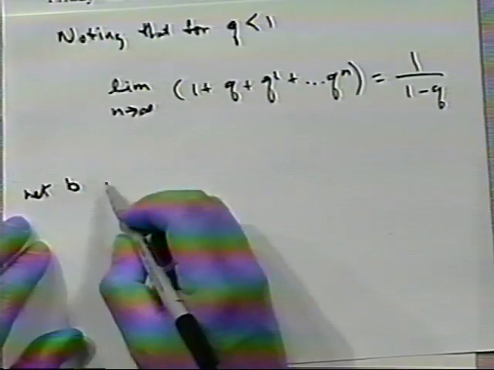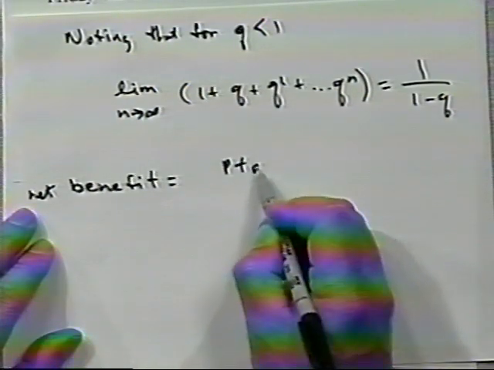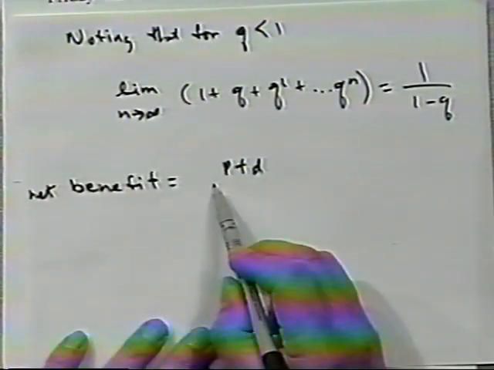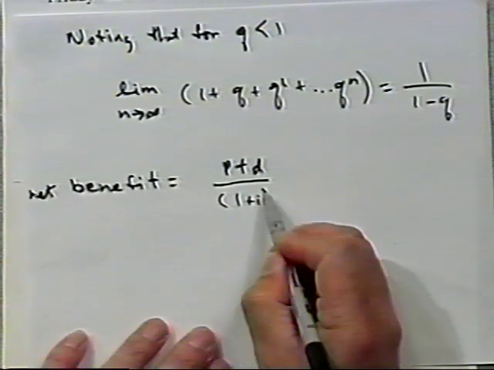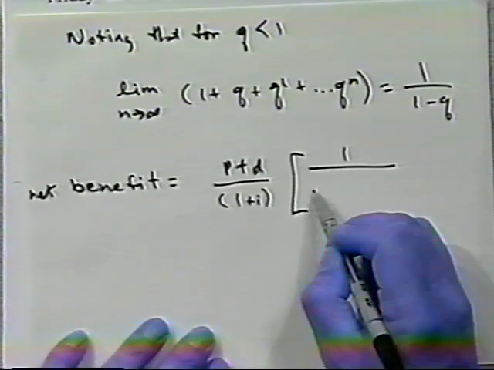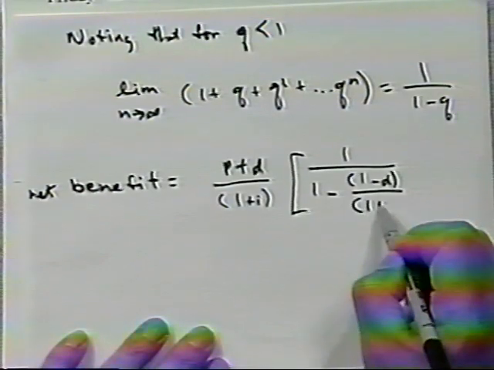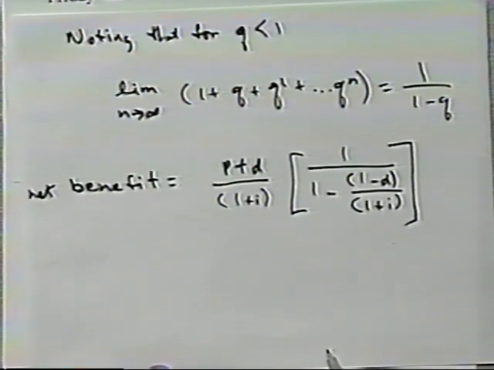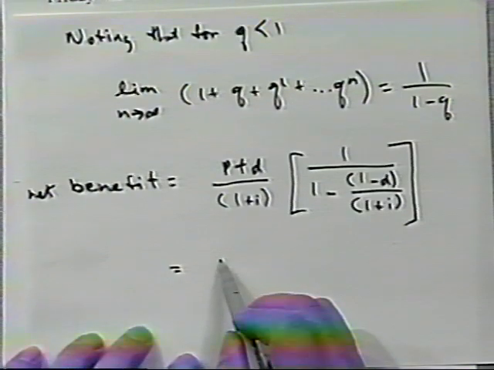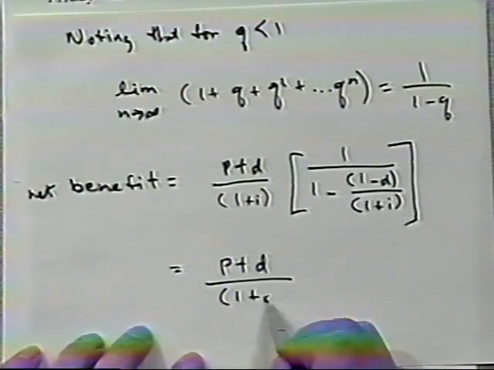And what we end up with then is that the net benefit is p t d over 1 plus I times 1 over 1 minus 1 minus d over 1 plus I. Which simplifies to p t d over 1 plus d.